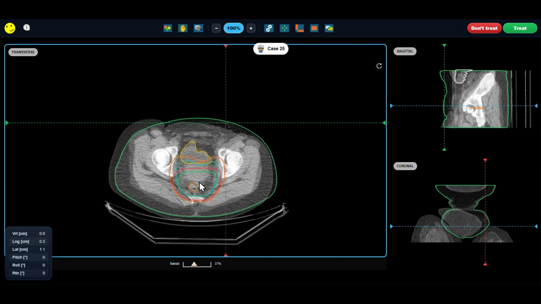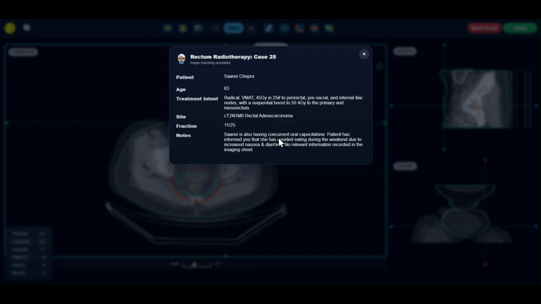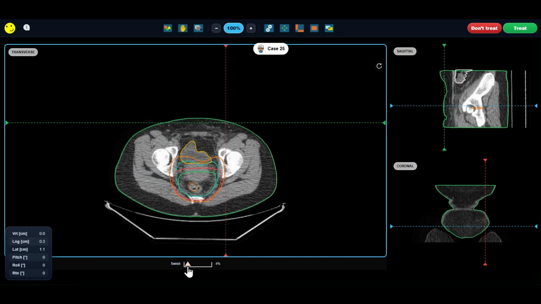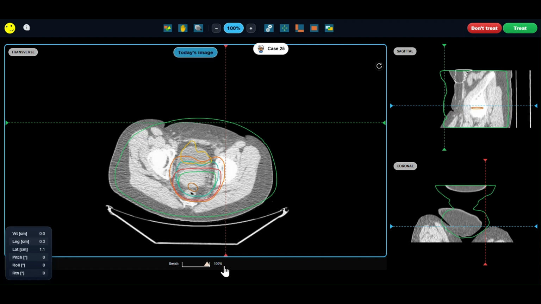What most students would do is to just have a quick glance at the patient information, and they would try to image match, knowing damn well that we've got three red flags and the patient is not in the right position to even have treatment.